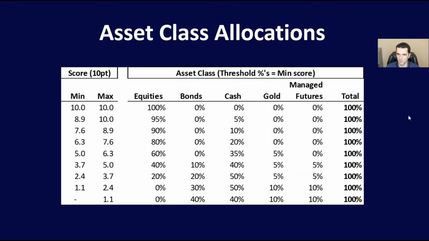So that then brings us to this table here. Shown this before in previous updates, but this is kind of my own creation. Basically, based on my score, I get ranges, and then that flushes out an asset class allocation that I use as a guide.